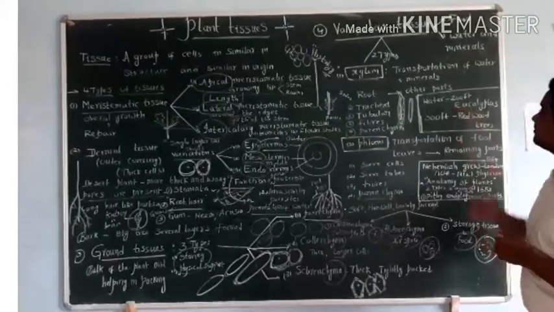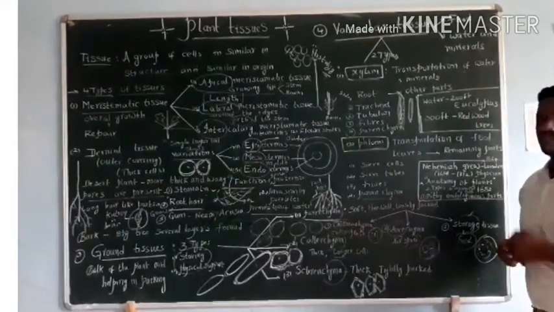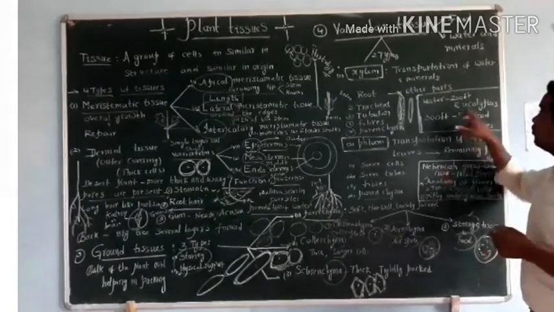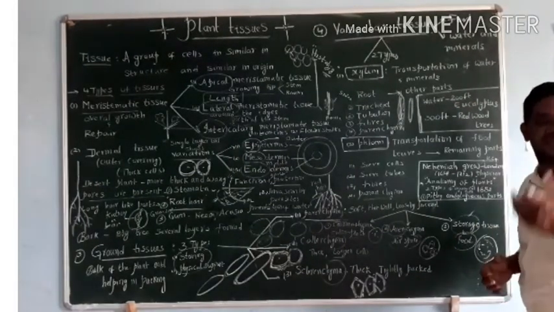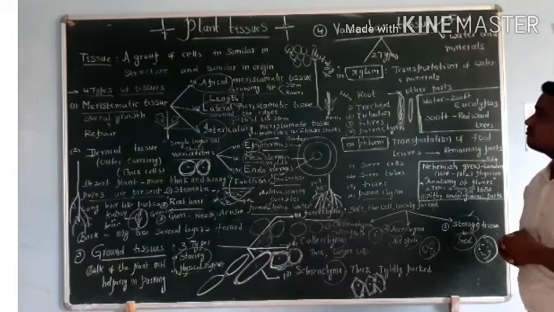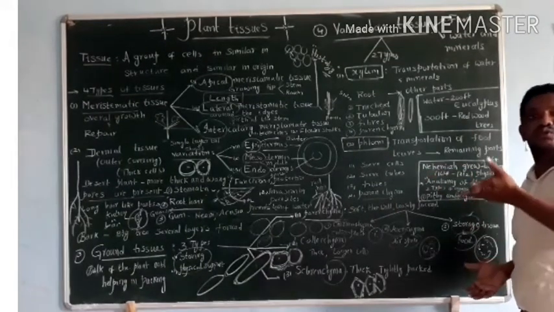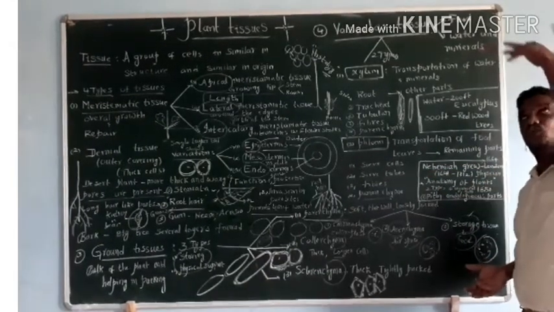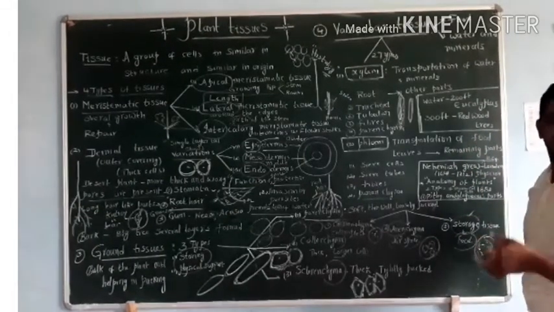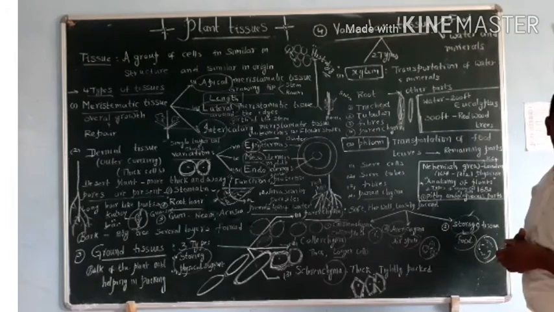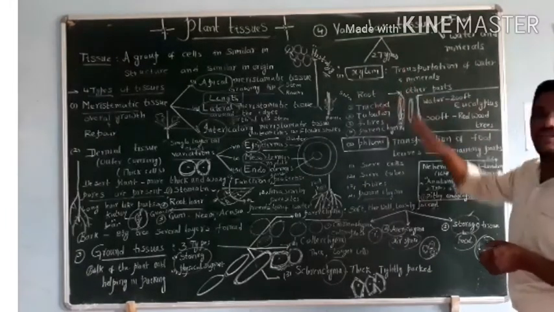Water moves upwards up to 200 feet in eucalyptus plants, the Nilgiri plants, without using any engine, with the help of these xylem tissues.